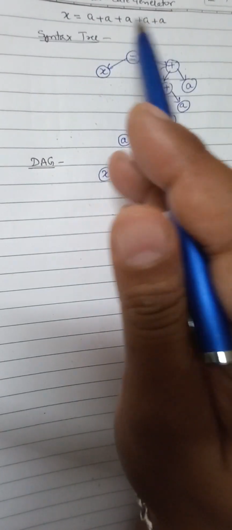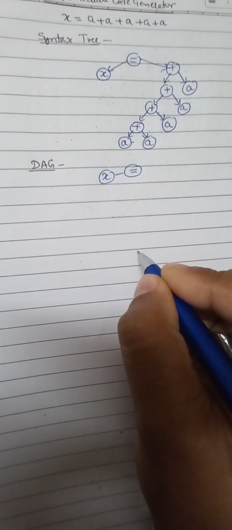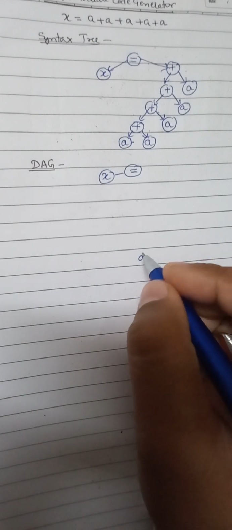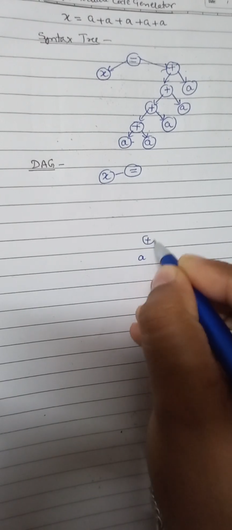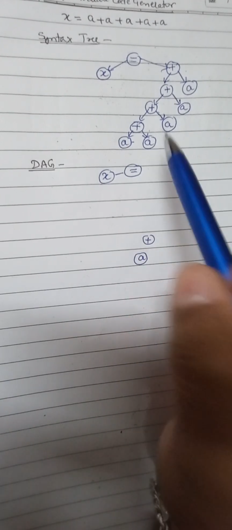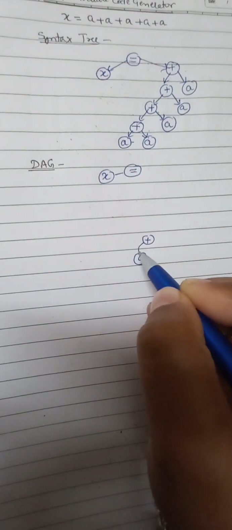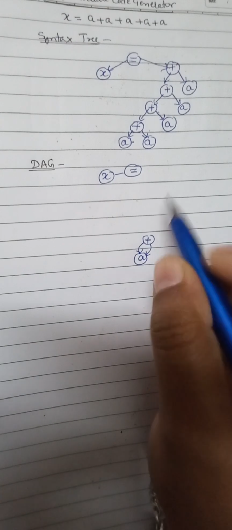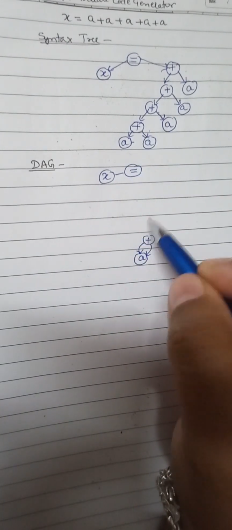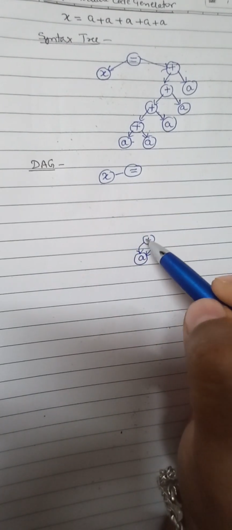Now we need to see how we solve this without repetition. a plus a plus a plus a. So first we will write a and plus. Now a plus a in both directions. So we'll write like this. Instead of this, we'll write a plus a in both directions.